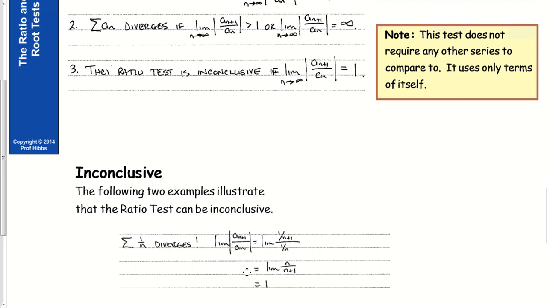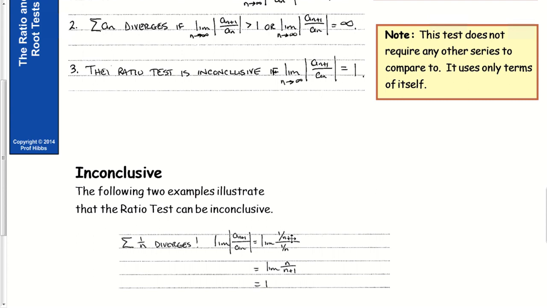Now if we apply this test, I'll go through it quickly. The n plus first term would be 1 over n plus 1, and the nth term would just be 1 over n. Those are both positive, so the absolute value is not adding anything here. So we're looking at the limit as n goes to infinity of this ratio.